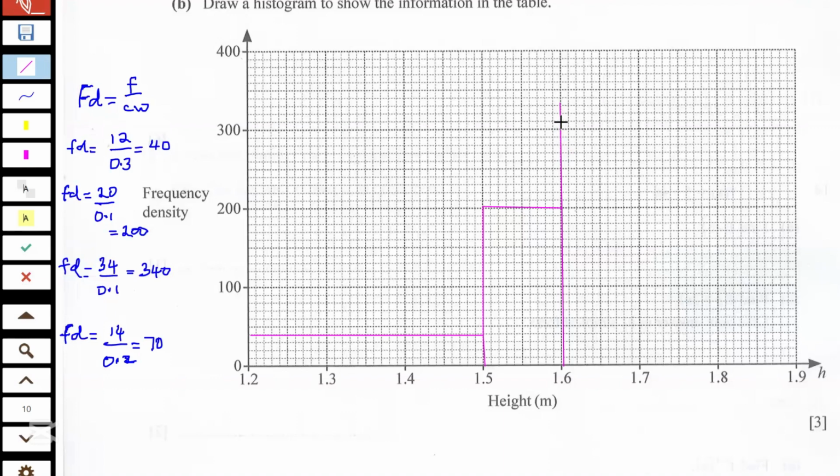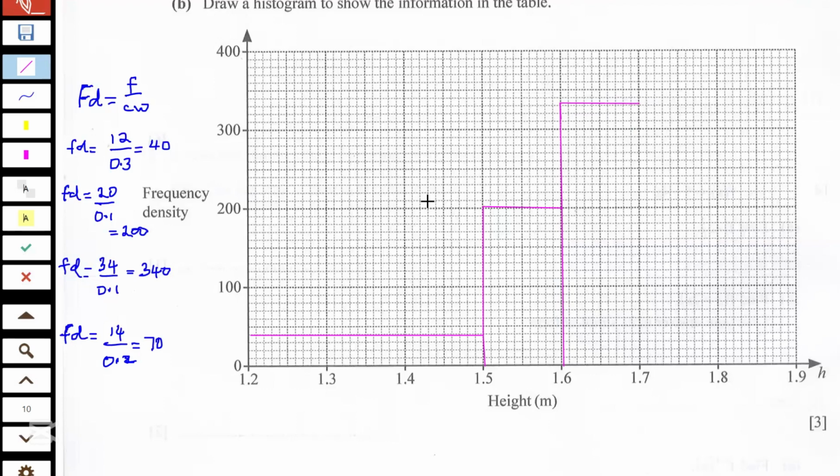This is 300, 10, 20, 30, and so we have 340, then across to 1.7.